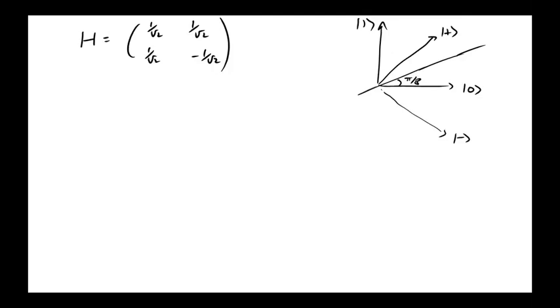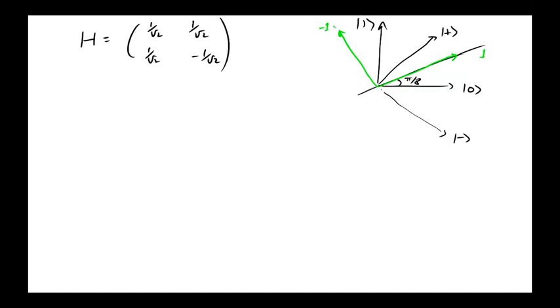Well, clearly one of them should be this vector, the pi by 8 vector, and the other should be orthogonal to it, right? This would have eigenvalue 1, and this would have eigenvalue minus 1, because it flips when you apply H to it.